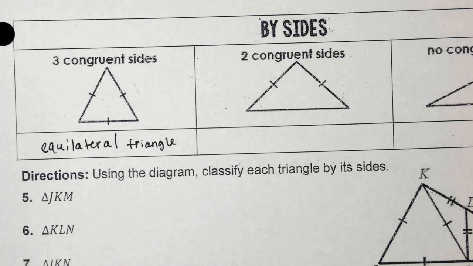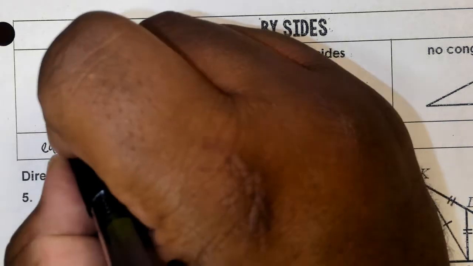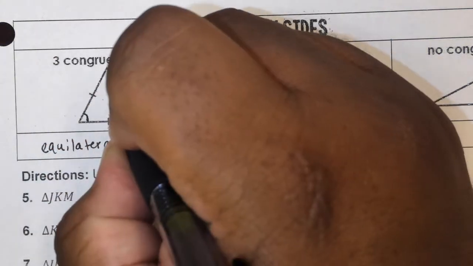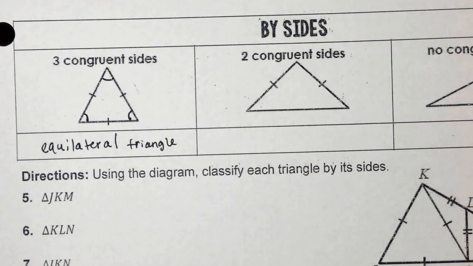Let me ask you this, and you should know. If the triangle is equilateral, it's also what, Jalen? Yeah, if the triangle is equilateral, it also has to be equal angular. If all the sides are going to be the same, all the angles are going to be the same as well.